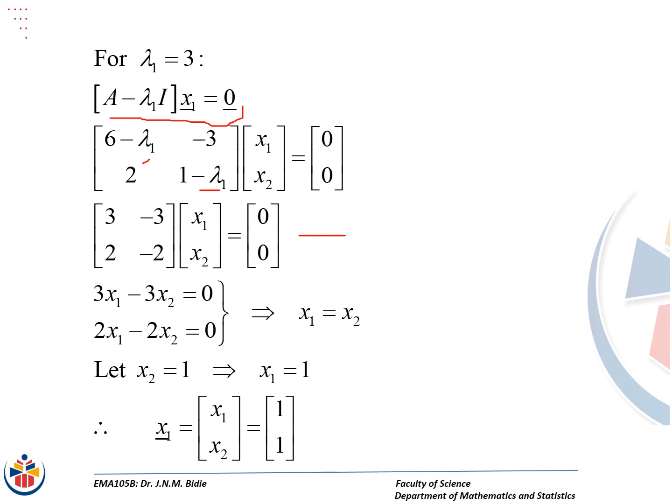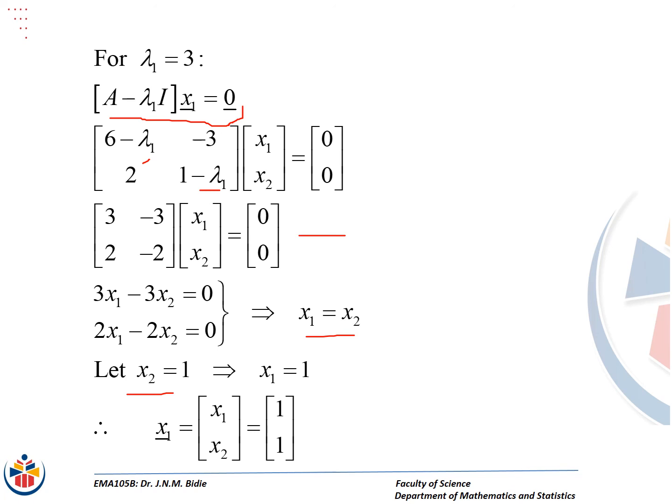Change to equation form, solve simultaneously, and what I got here was that both equations gave me x1 equal to x2. So the simplest way is to just let x2 be equal to 1, and then it would mean that x1 is equal to 1. So therefore vector x1 is 1, 1.